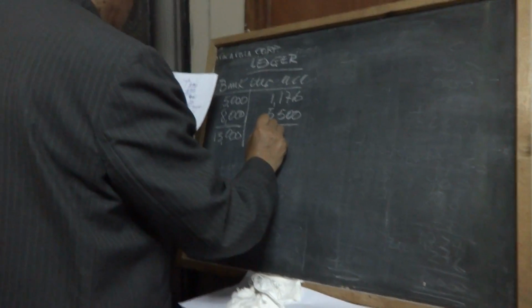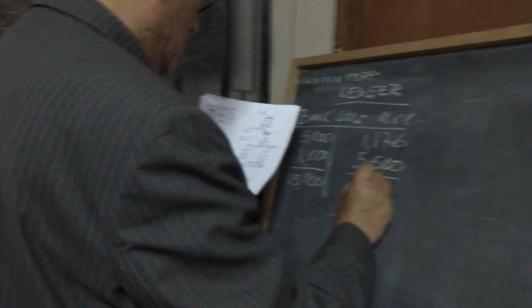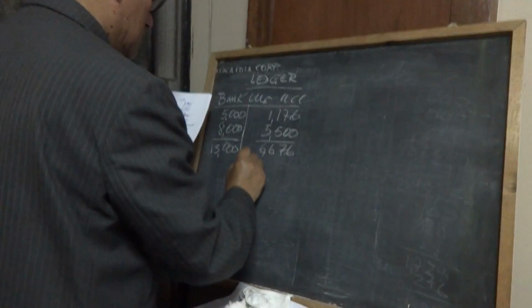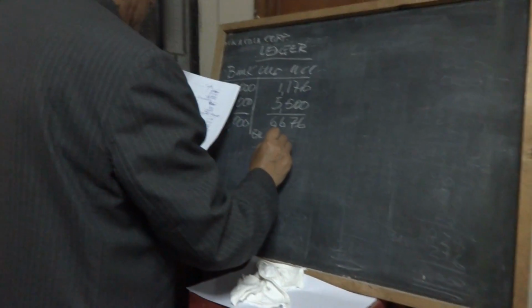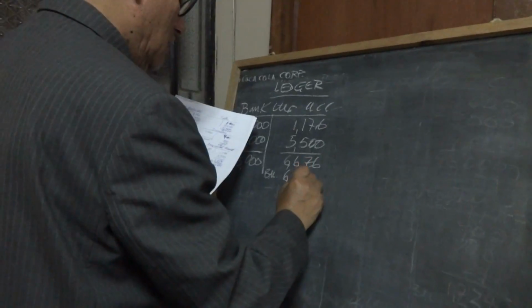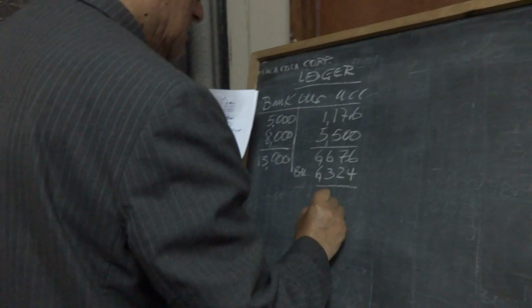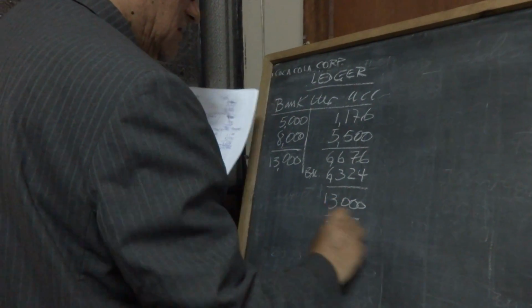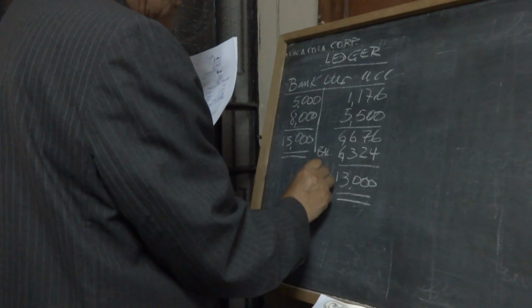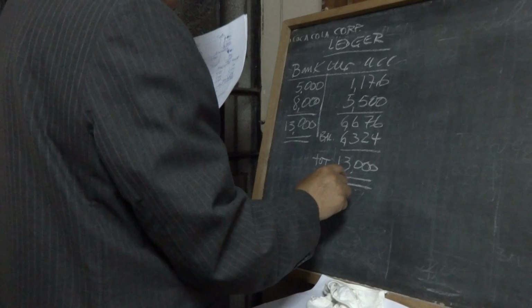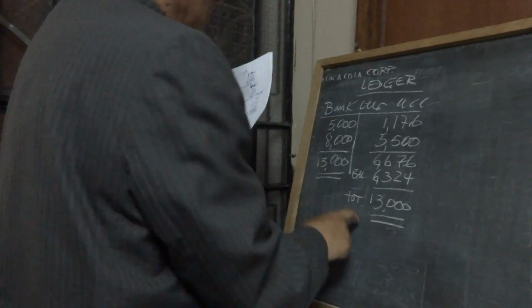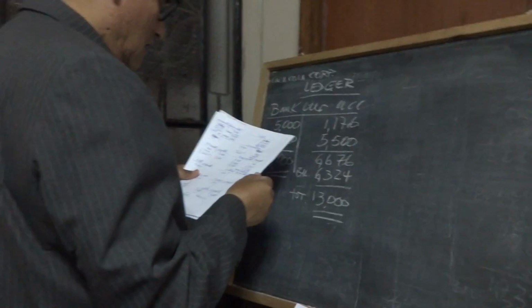It gives $6,676. So the balance is $6,324. $13,000 on debit total. Total credit $13,000. This operation is liquidated.